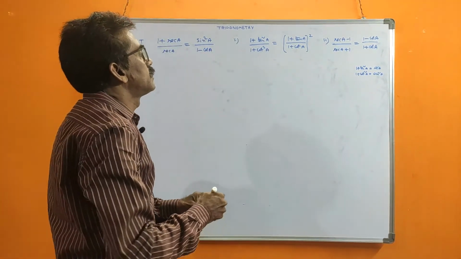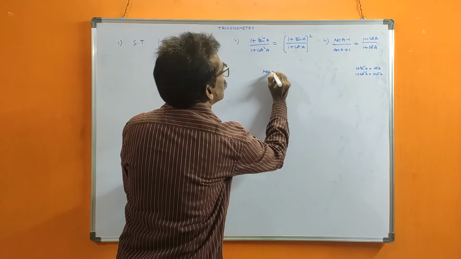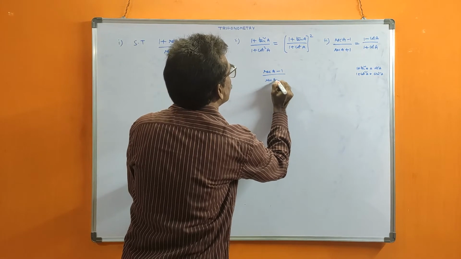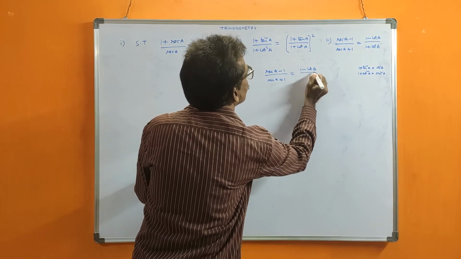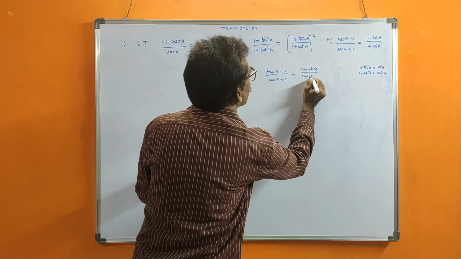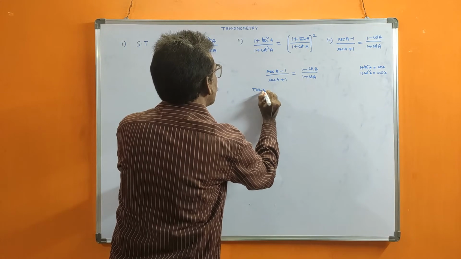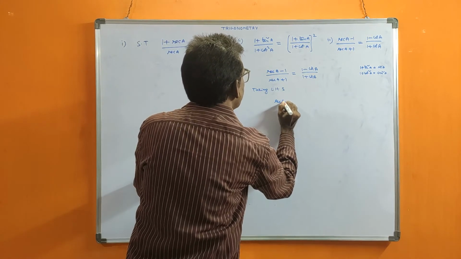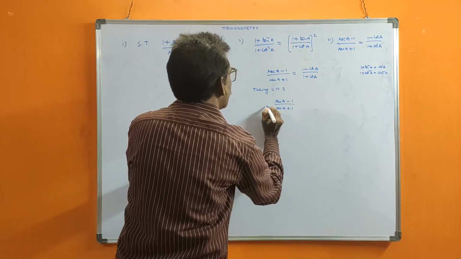The next problem, the third problem, is secant A minus 1 by secant A plus 1 is equal to 1 minus cos A by 1 plus cos A. Now taking LHS: secant A minus 1 by secant A plus 1.